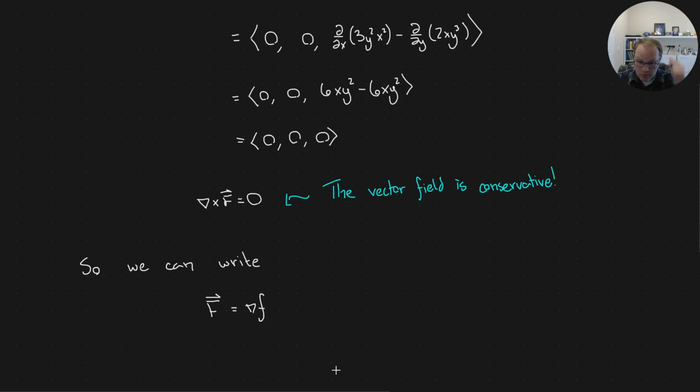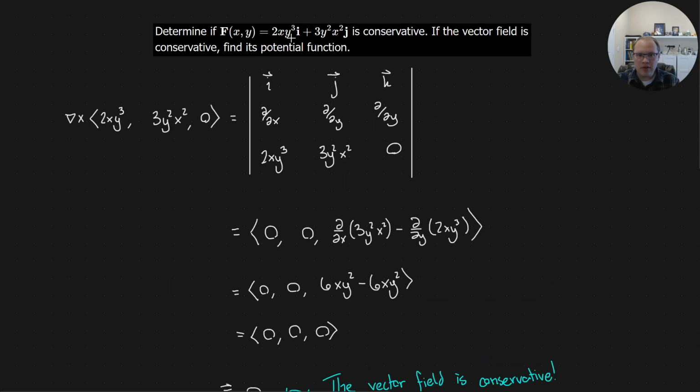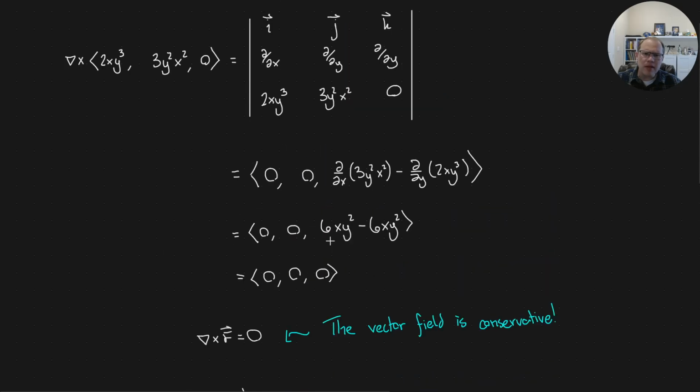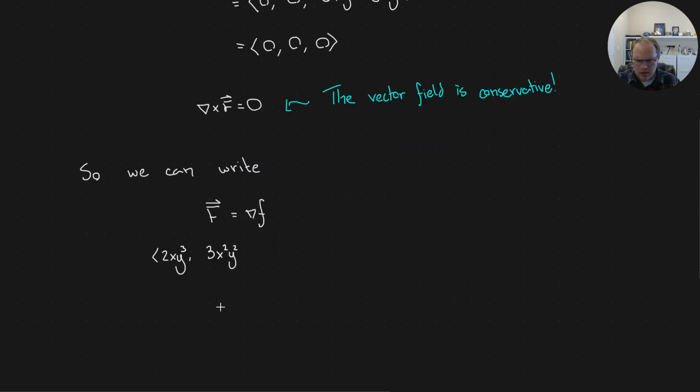So that means that our vector field, 2xy cubed, comma 3x squared y squared, is equal to the gradient of f, which is the vector of partial derivatives of f.